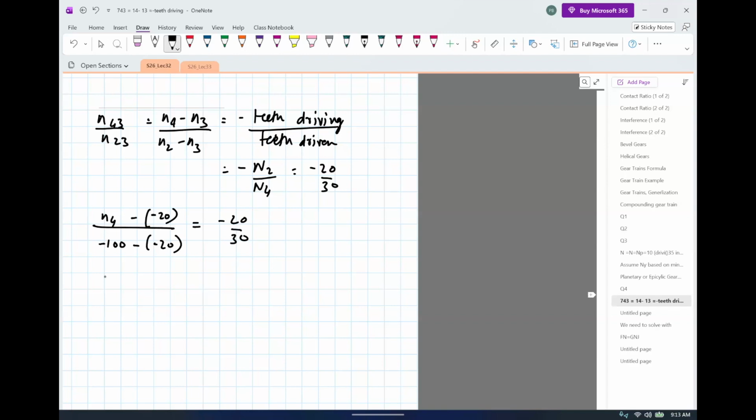One equation, one unknown. You can solve to get N4 is 33.5 rev per minute. Either put a positive sign or say rev per minute CCW.